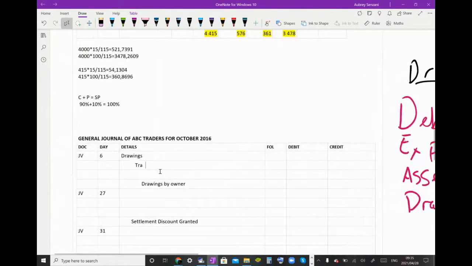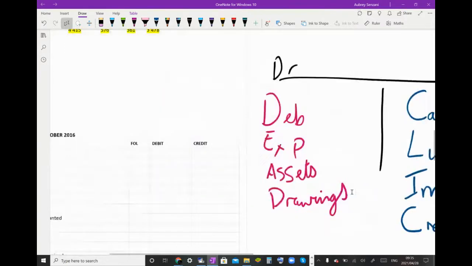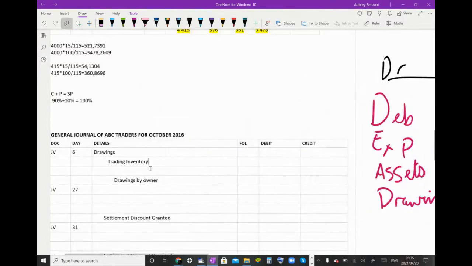So here we're going to write trading inventory. Then finally, output VAT, we know is what? Is it a current asset or current liability? It's a liability. So what are we going to do with that account? We're going to credit. Can you see why we did so many accounting equation exercises? And the first question I would always ask you is, which accounts are affected?